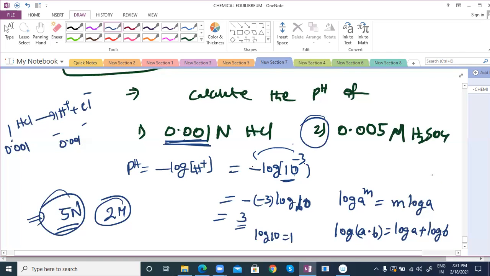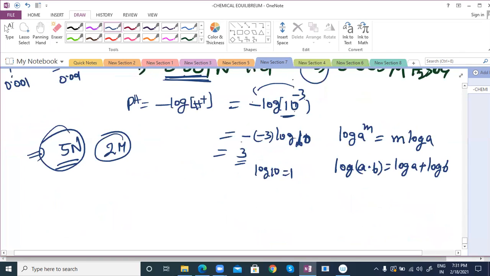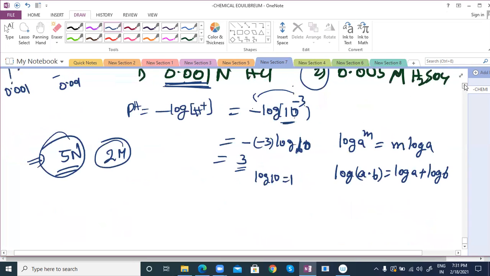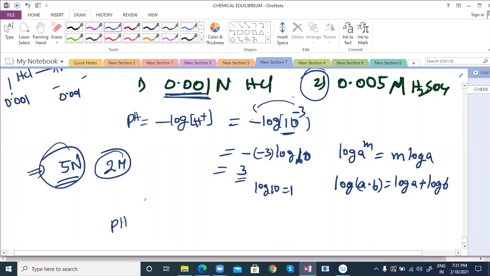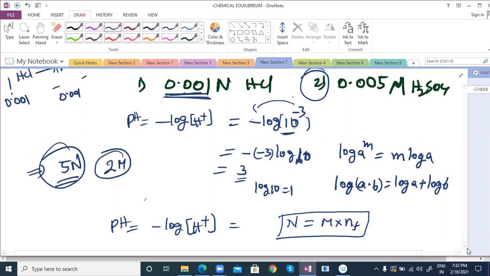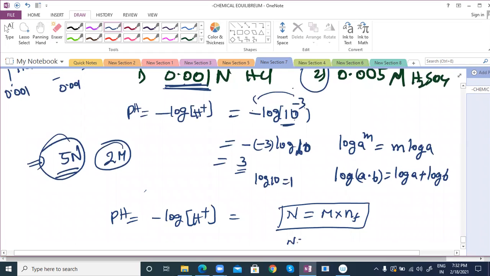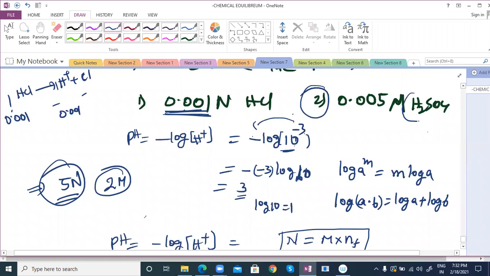Now try the second one, 0.005 given. So same, pH equals minus log H plus ion. Here first I need to calculate normality. Normality equals molarity into n factor. This is the relation between molarity and normality. So here normality equals molarity, which is 0.005, and n factor for H2SO4 is 2, because it can release 2 hydrogens, so 2 H plus ions I can get.